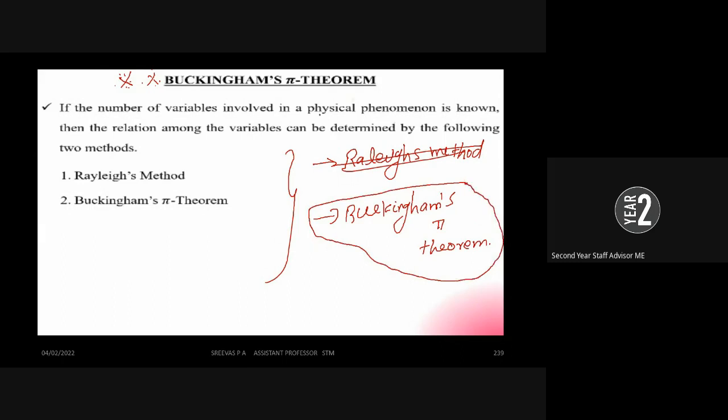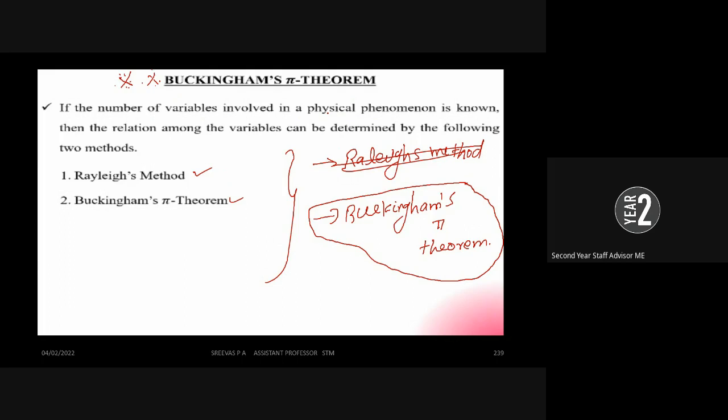So if the number of variables involved in a physical phenomenon is known, then the relation among the variables can be determined by the following two methods: the Rayleigh method and Buckingham's Pi theorem. What does it mean? The number of variables involved in a physical phenomenon is known. If we know the number of variables in a physical phenomenon, then we can relate these variables, or find the relation between these variables.